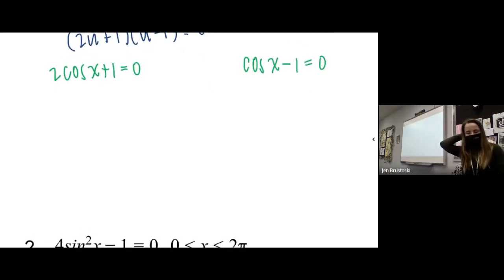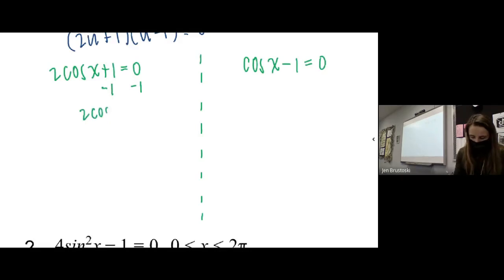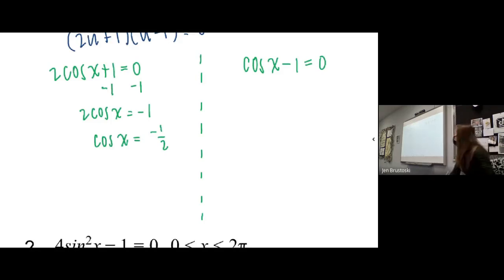So I am just going to focus on the left here first. Subtract 1. I get 2 cosine x equals negative 1. And then divide by 2. So I'm looking for cosine of x equal to negative 1/2.